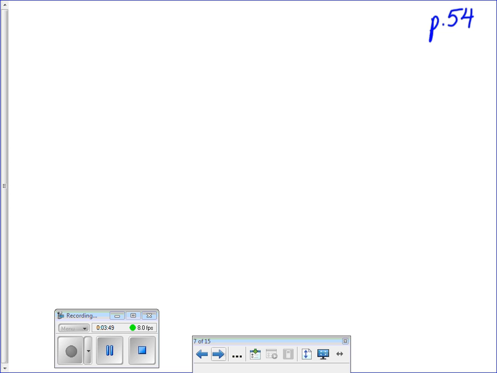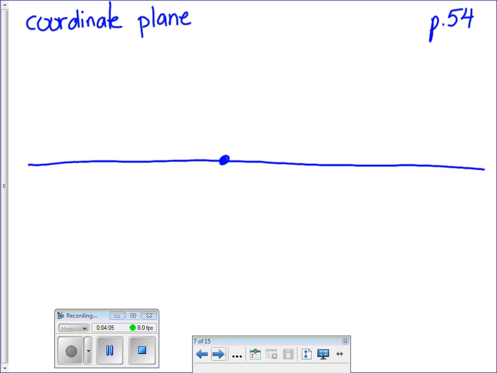Our coordinate plane is actually made up of 2 number lines. So you have a dot in the middle of your page. Let's draw our first number line, and that dot is 0. Then we have 1, 2, 3, 4, 5.